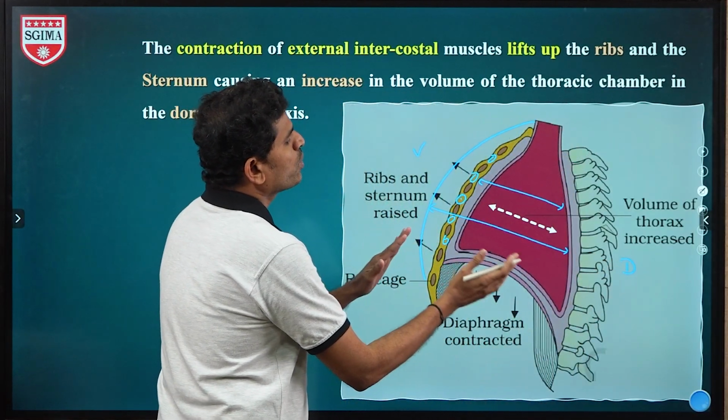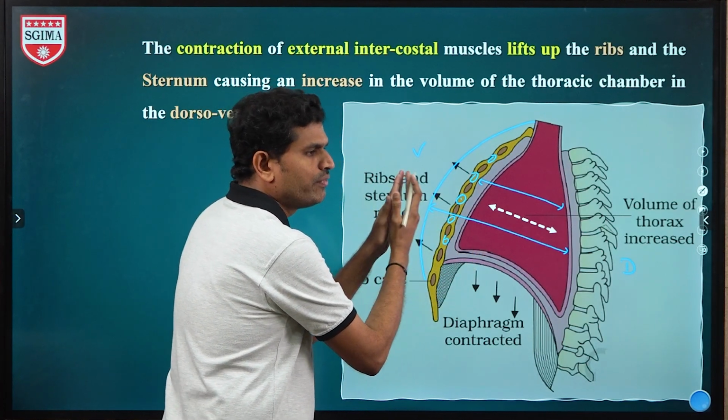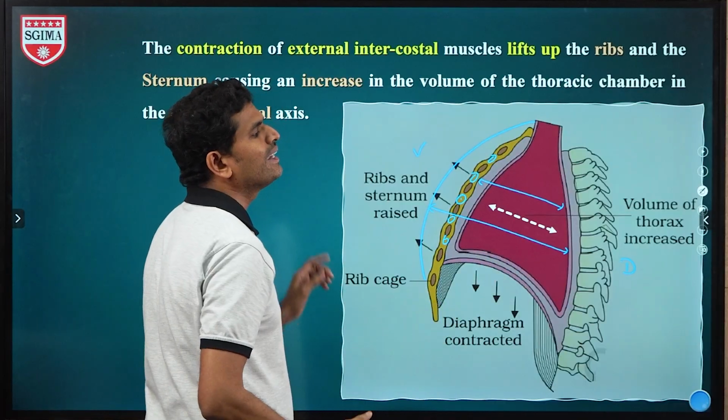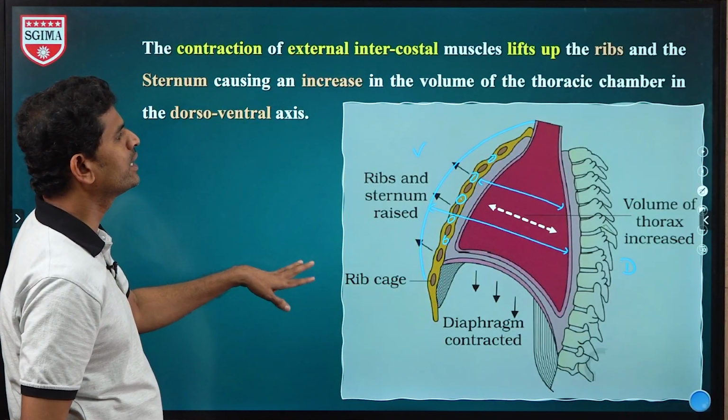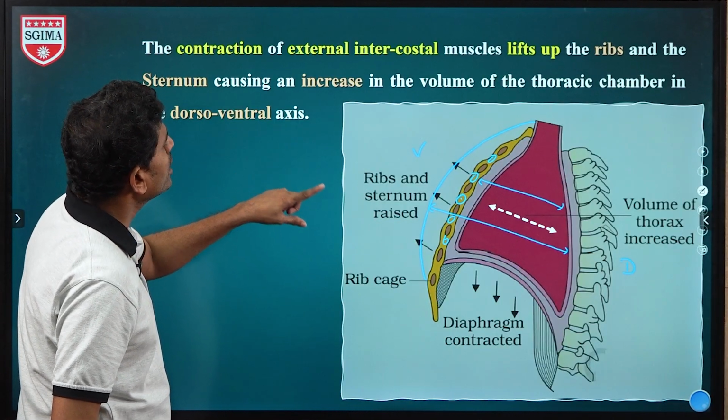So dorsoventrally, that is nothing but the breadth, the width of the thoracic cavity, is increased by the contraction of which one? External intercostal muscles.